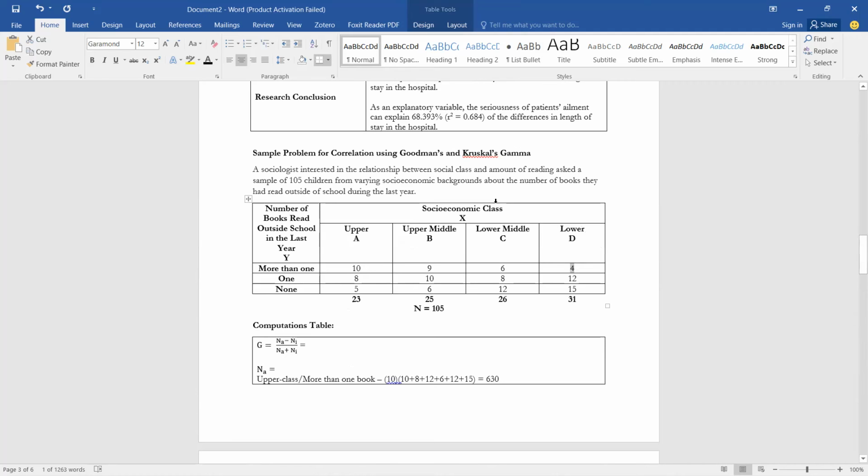No, children who belong to the lower class in terms of socioeconomic status but have read more than one book. Now we need to find cases that are below it, but now to the left of such case. No? So kung 4 yan, we are pertaining to these cases right here.